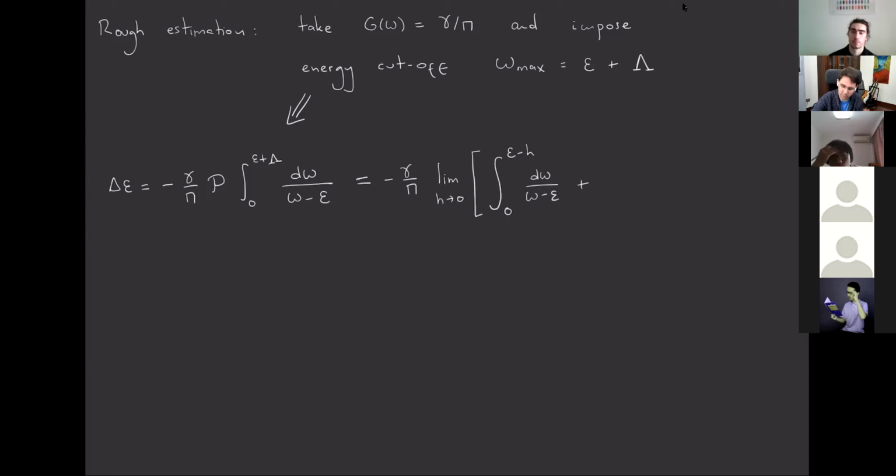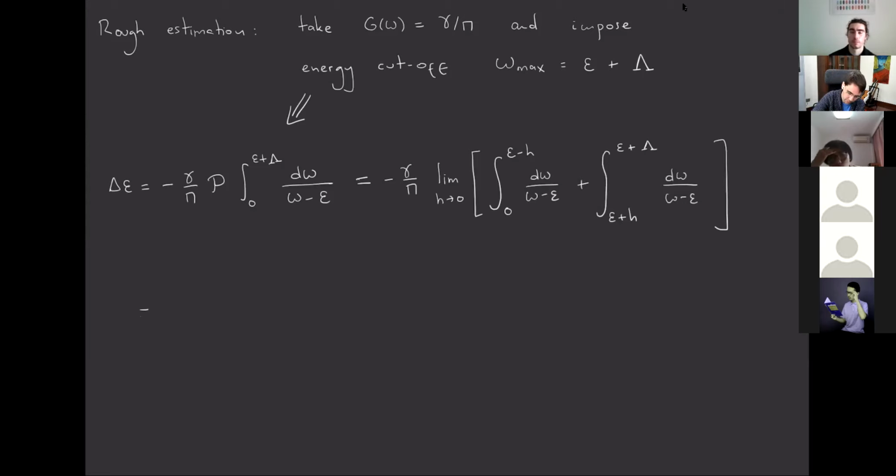Then we jump the pole. So we start the next integral in epsilon plus h, and then we go all the way to the end of the integration domain. Okay, so this is exactly what it means, principal part. So you skip the pole.